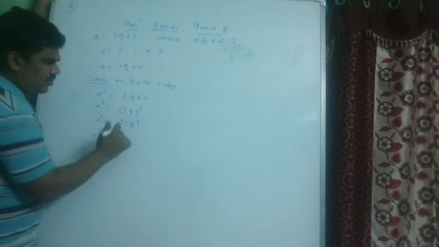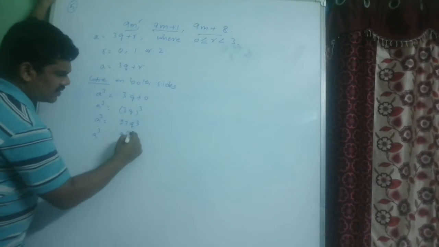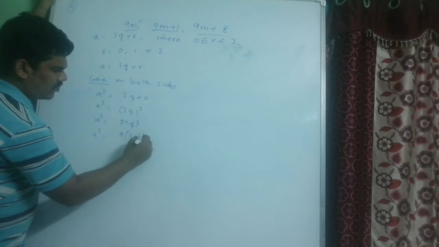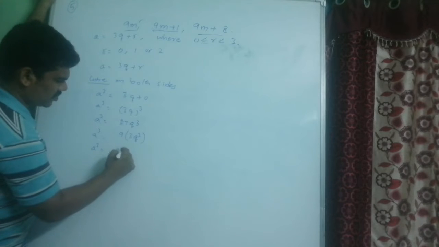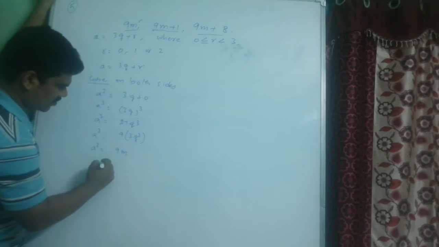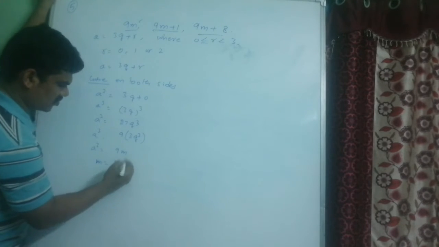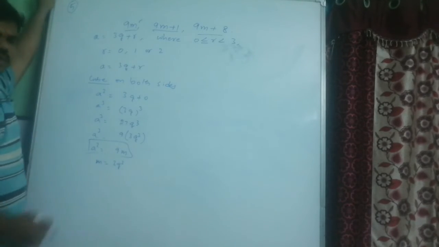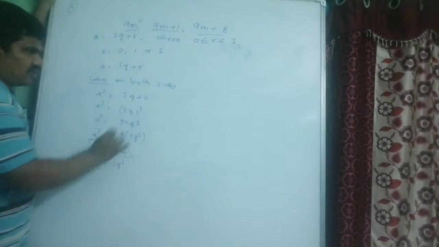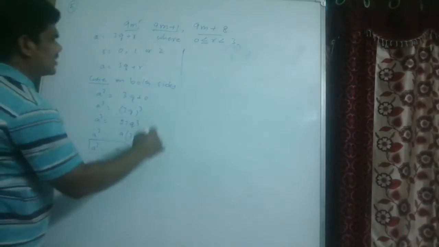So 27 q cube, we have to take 9 common. Here m is 3q cube. Okay, so clear. So we proved. So cube of any positive number, a cube equal to 9m. We proved it.